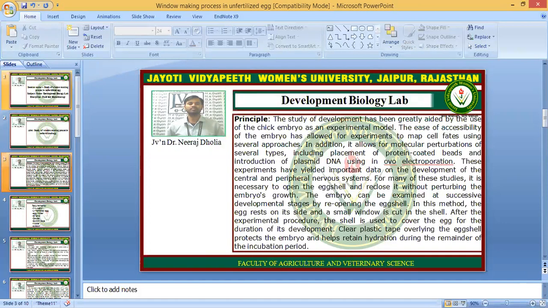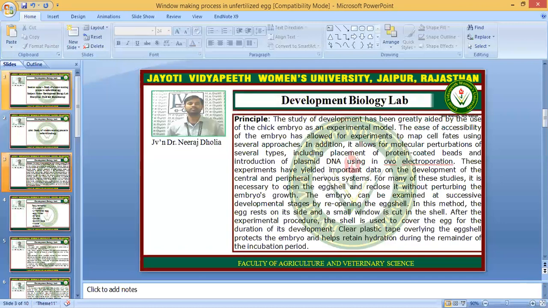After the experimental procedure, the shell is used to cover the egg for the duration of its development. The clear plastic tape overlaying the eggshell protects the embryo and helps retain hydration during the remainder of the incubation period.